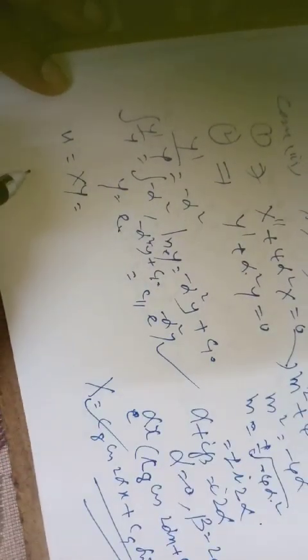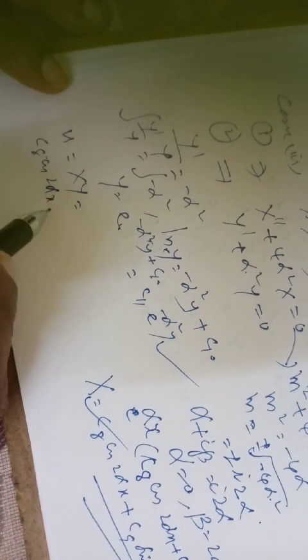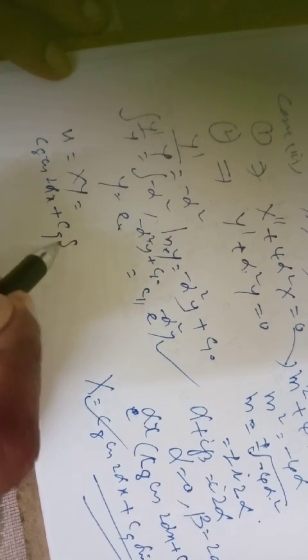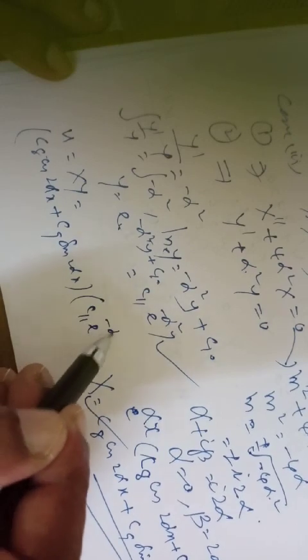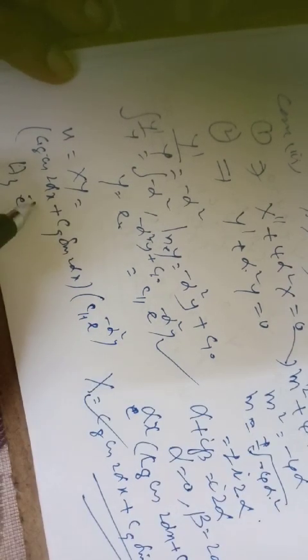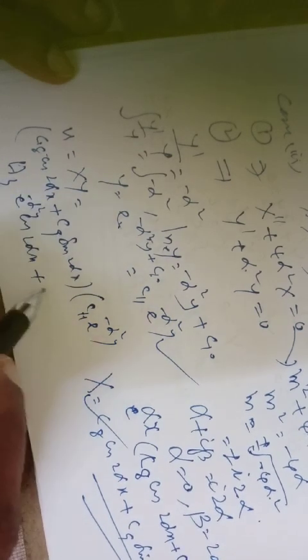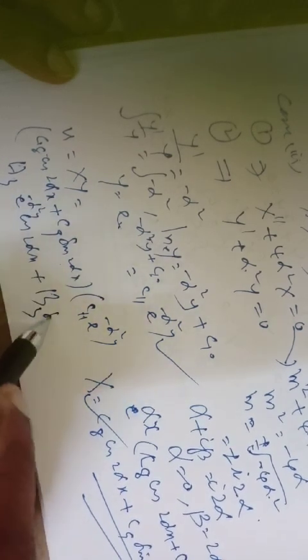Multiplying x into y, we get c8 cos 2 alpha x plus c9 sin 2 alpha x, into c11 e raised to minus alpha square y. Then c11 into c8 is some constant a3, into e raised to minus alpha square y into cos 2 alpha x, plus c9 into c11 is some b3, sin 2 alpha x into e raised to minus alpha square y. So this is the solution.